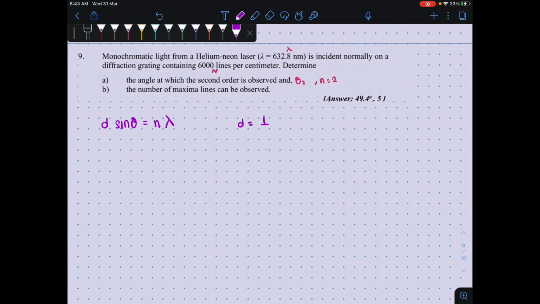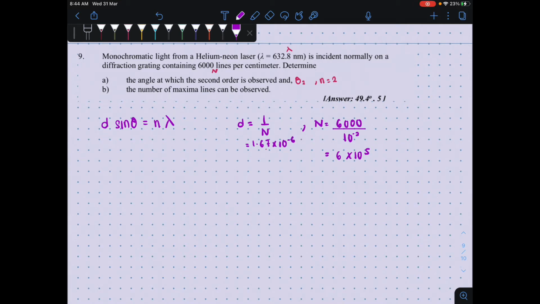Your d is 1 over n, where your n here is equal to 6,000 lines per centimeter, times 10 to the power negative 2 here. And then you press your calculator, you will end up with 600,000. So 6 times 10 to the power 5. And then 1 over n, you get 1.67 times 10 to the power negative 6.